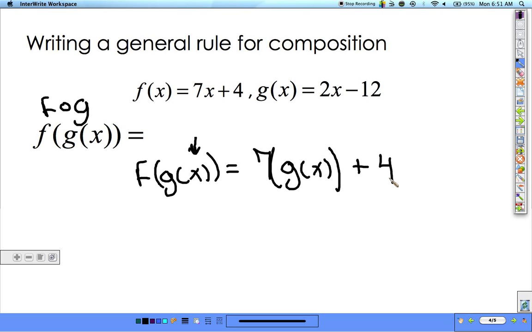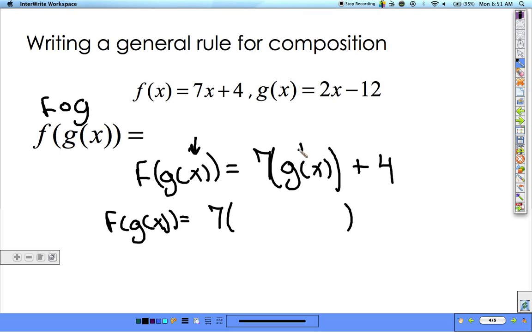So I have 7 times g of x, and then I want to add 4 to that, whatever that product is. So now I can go a step further and say f of g of x is going to be equal to 7 times, and I want to leave a nice big set of parentheses for myself, because what I need to write in that set of parentheses is the algebraic value of g of x.